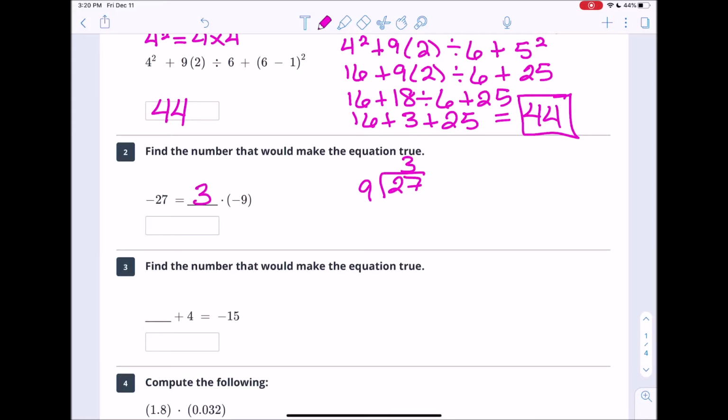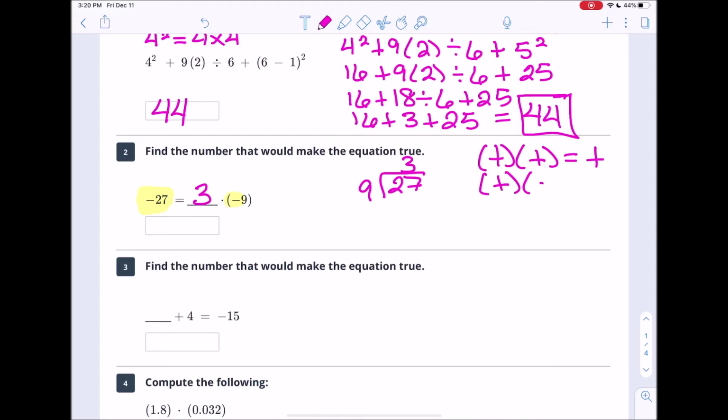Now I have to think, okay, now if I want my answer to be negative, remember, this is our answer, and the answer is negative. And the 9 is negative. What sign does the 3 have to have? Is the 3 going to be positive, or is the 3 going to be negative? We have to remember, a positive times a positive equals a positive.